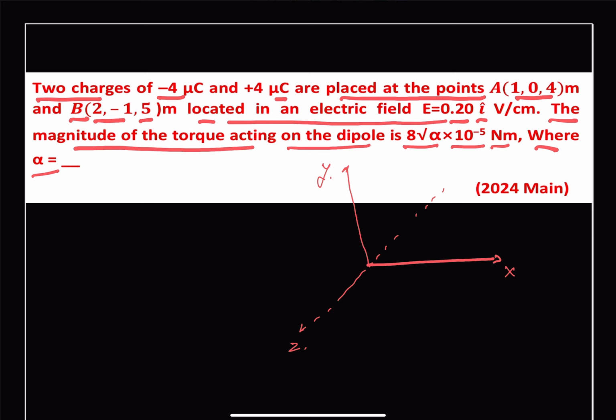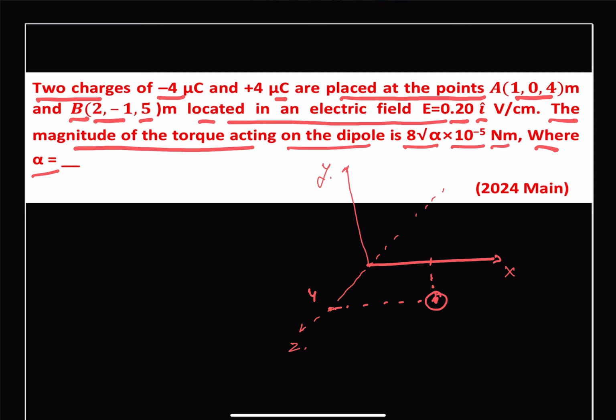So first for A, x is 1, y is 0, and z is given as 4. So this is somewhere, let us suppose this is about 4, and the point will be somewhere here.